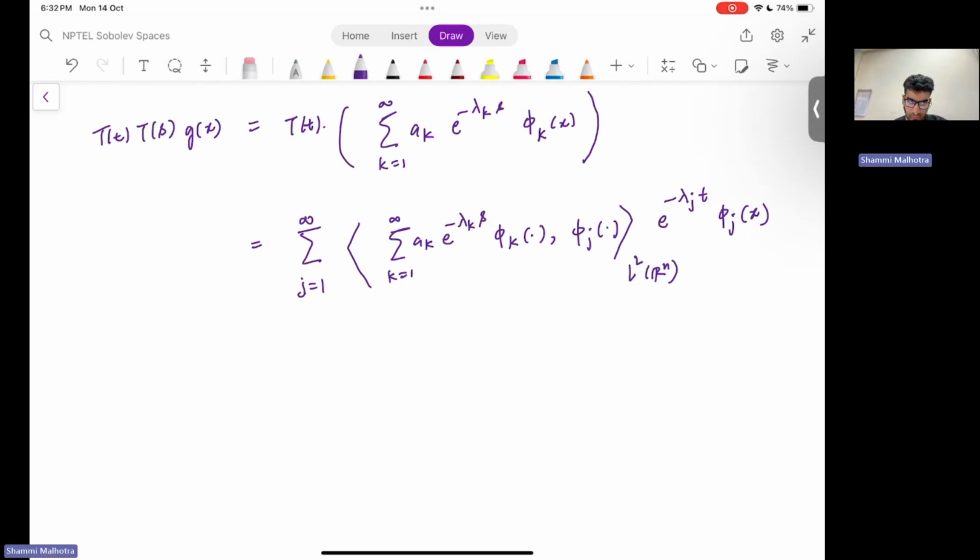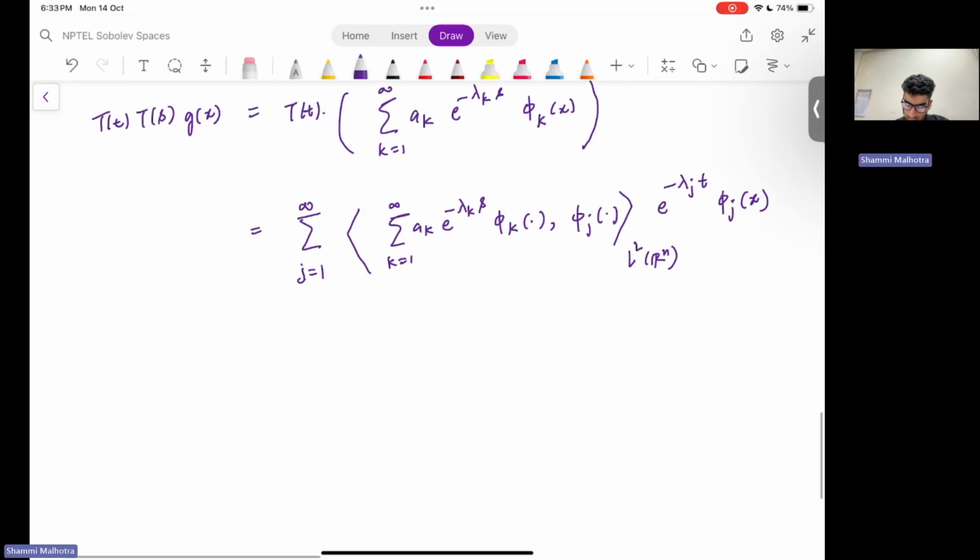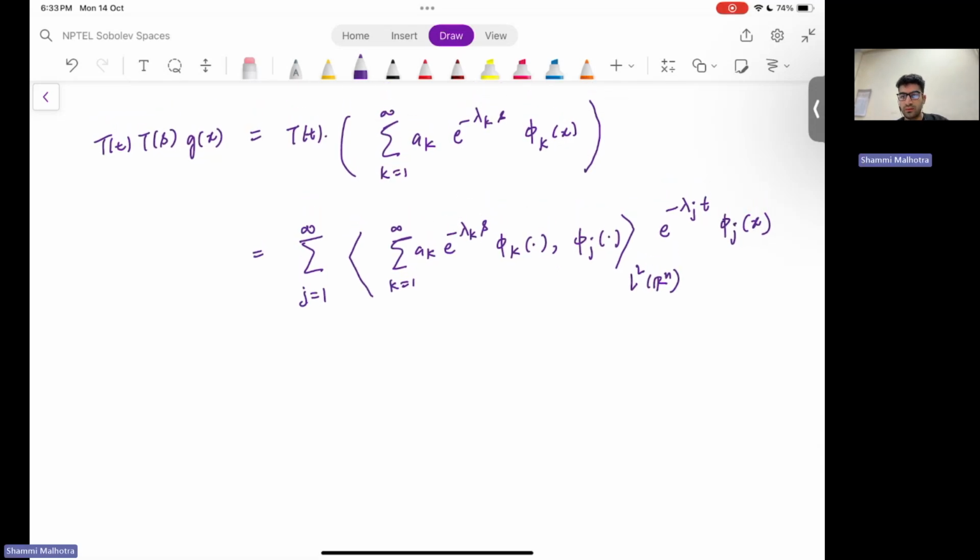And finally, now we can use this orthogonality relation.